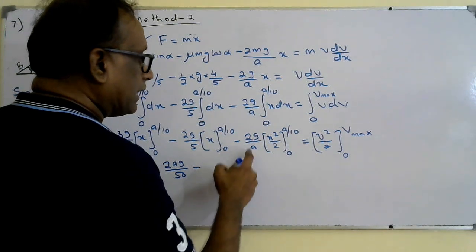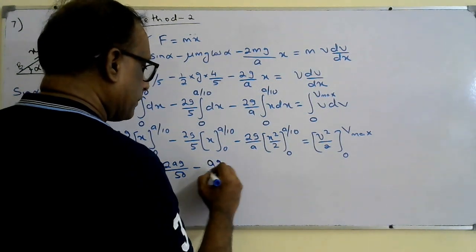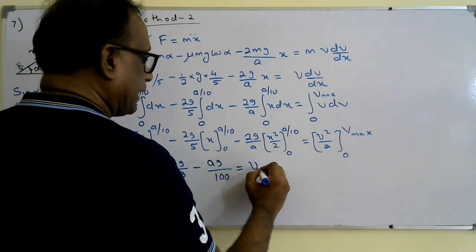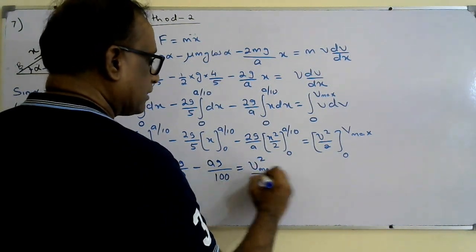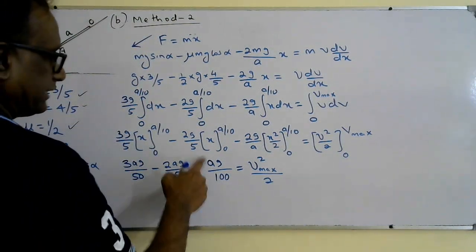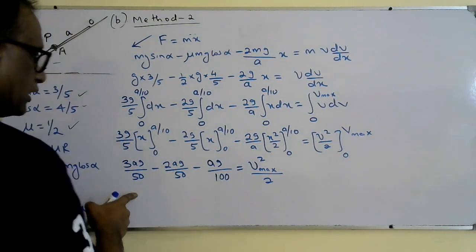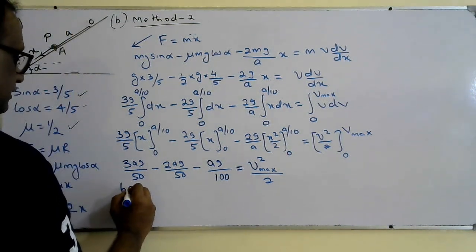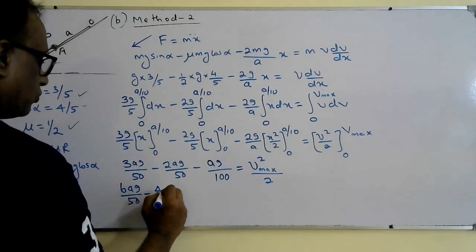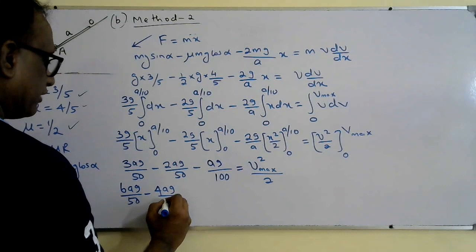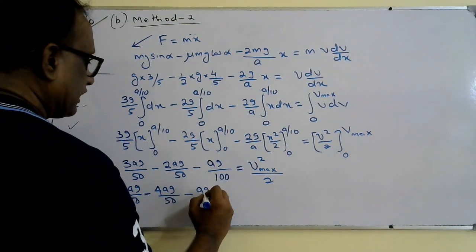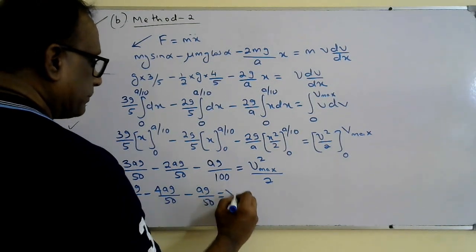So it's going to be ag over 100, is equal to v max squared by 2. Okay, so 3ag over 50, 2ag over 50, ag over 100. We'll multiply by 2 now. So 6ag over 50 minus 4ag over 50 minus 2ag over 100, which means ag over 50, equal v max squared.